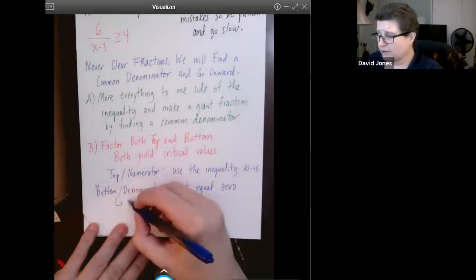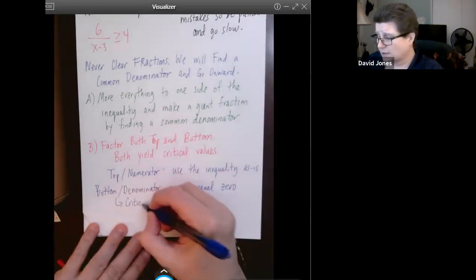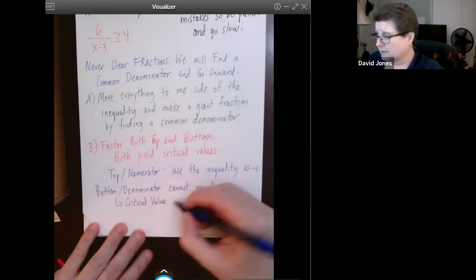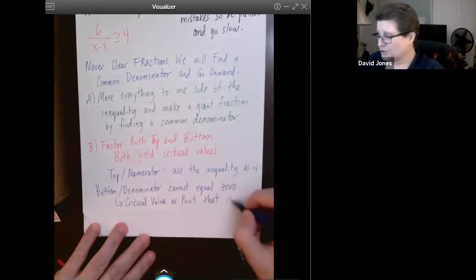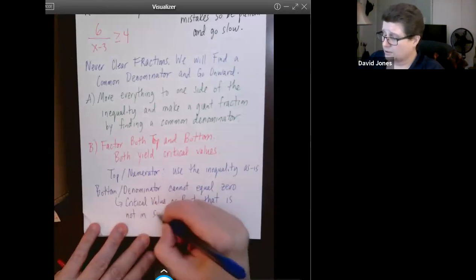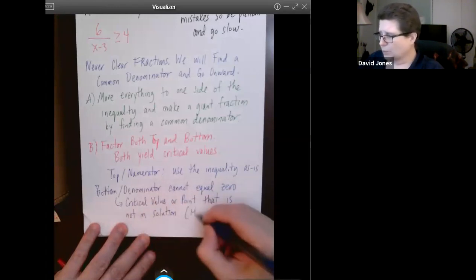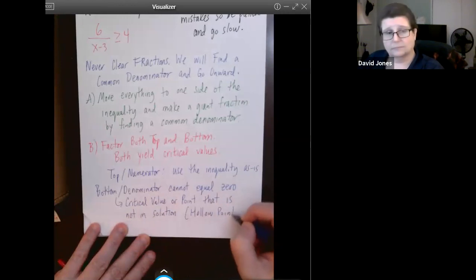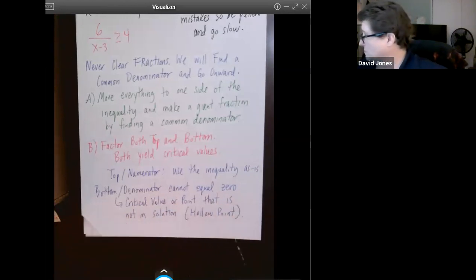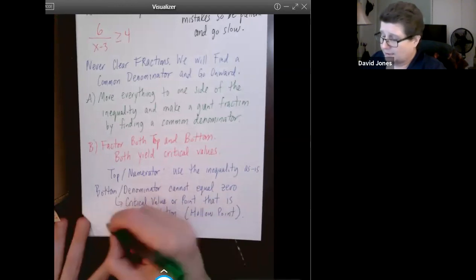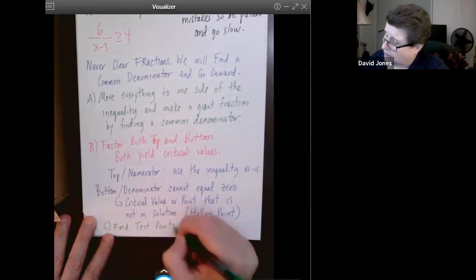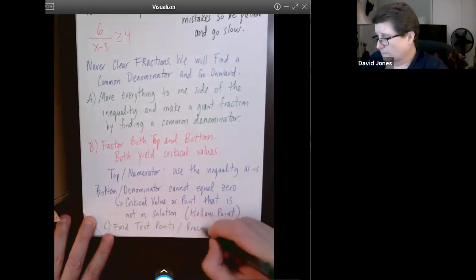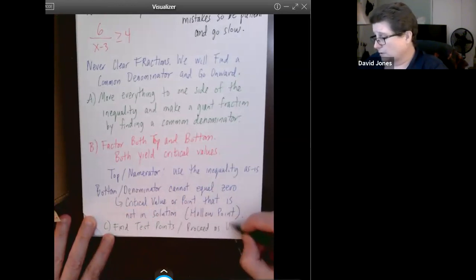So this is going to generate a critical value, or critical point, that is not in the solution. So like a hollow point. Then we're going to do what we did before, find test points and proceed as usual.